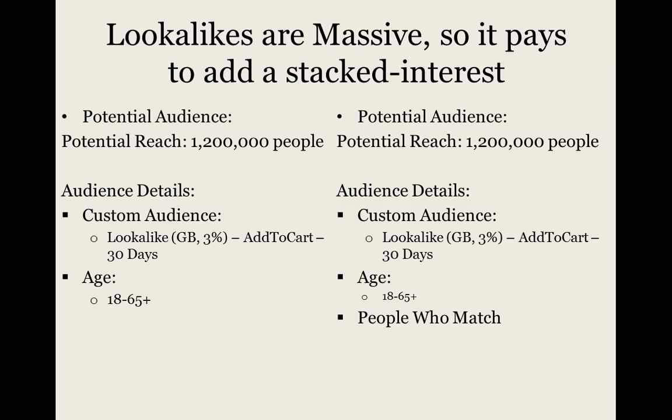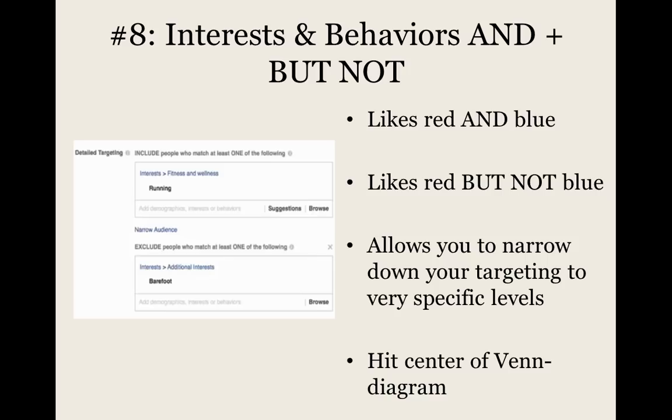Okay, so next, interest, behaviors, and but not: likes red and blue, likes red but not blue. So they don't have a similarity in what they like, but they have similarities in what they don't like. So there goes the situation where you must have specific products for this specific person.